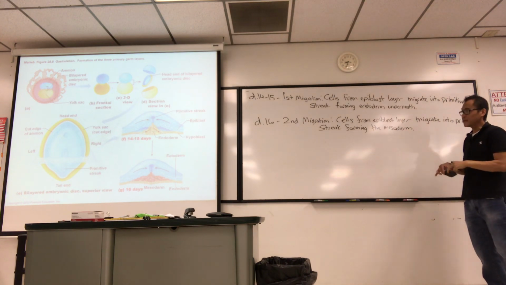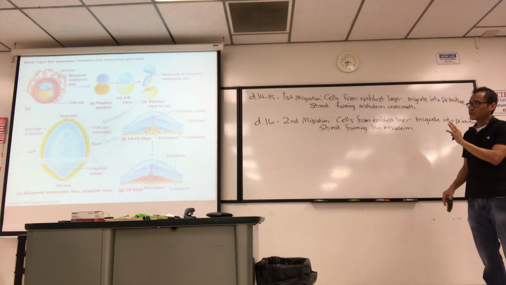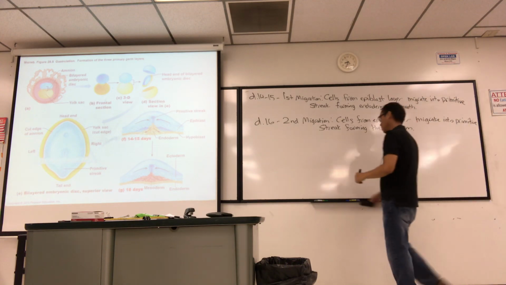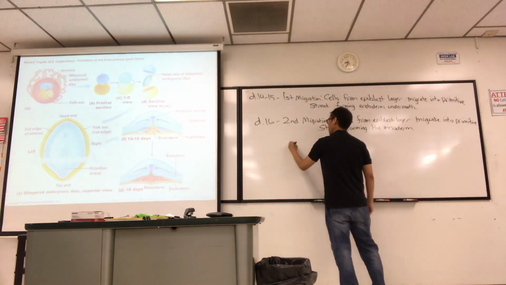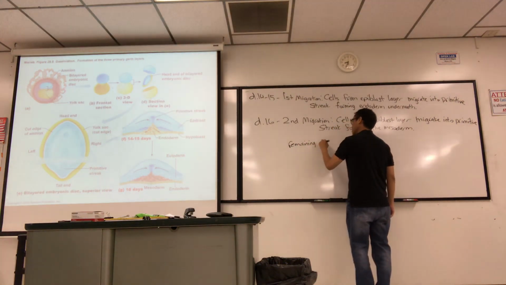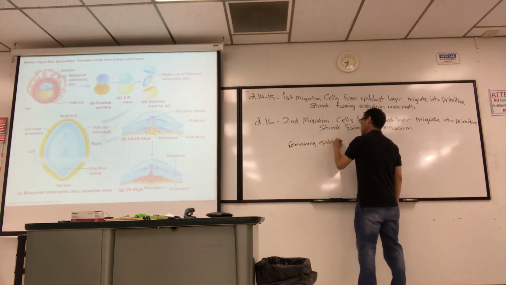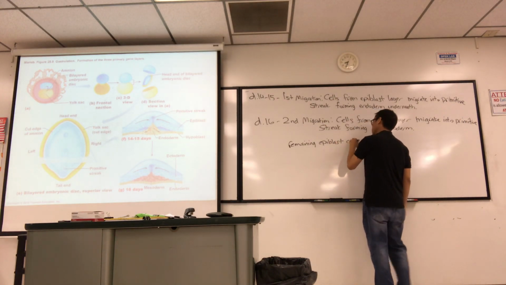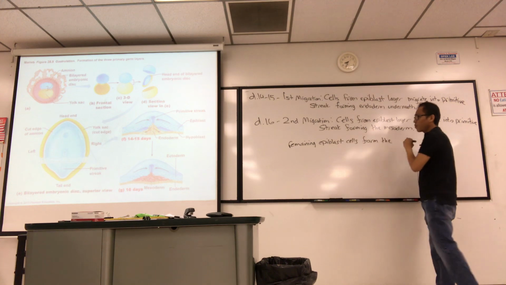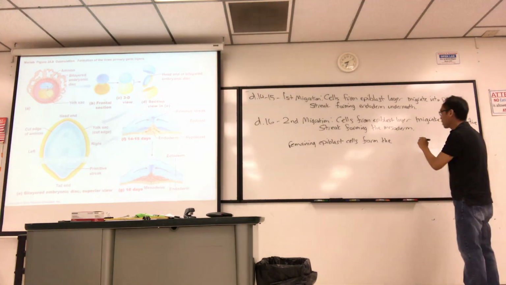The cells that didn't migrate, that remain, we now call the ectoderm. So I'm writing: remaining epiblast cells form the ectoderm.